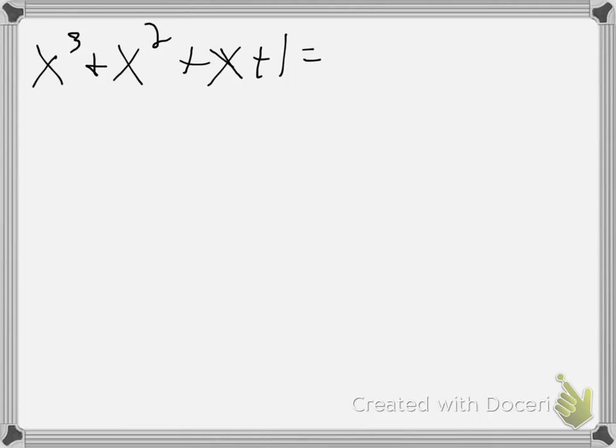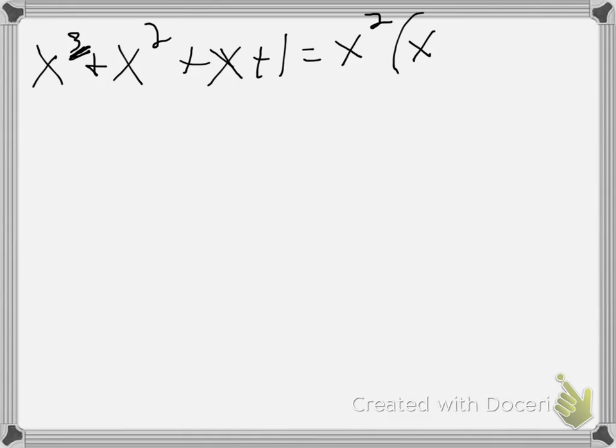We now are working with x cubed, and that is broken down into x squared times x. And we also have x squared here, and since there's no number in front of it, it's just x squared by itself.